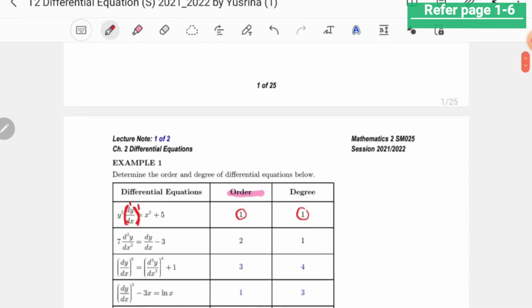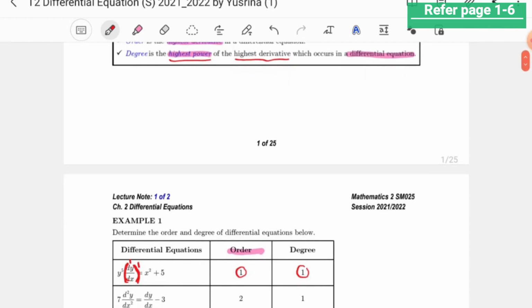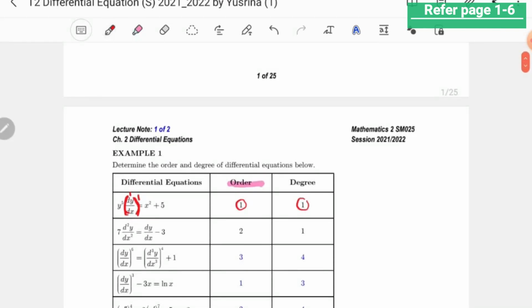And then the second one, the highest derivative is 2. That's why the order equals 2. And then the degree, the highest power, is 1.